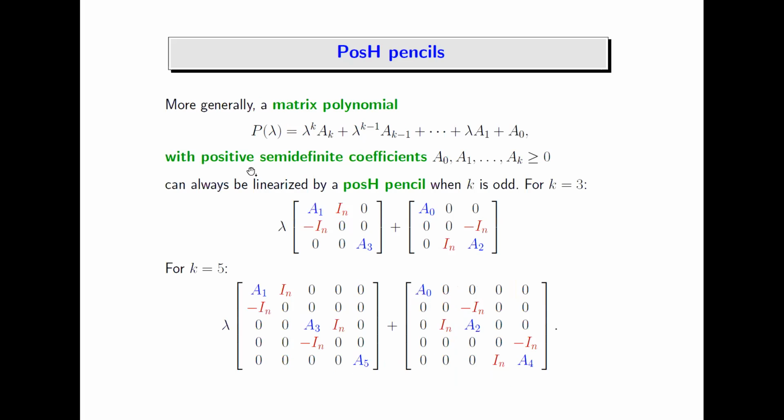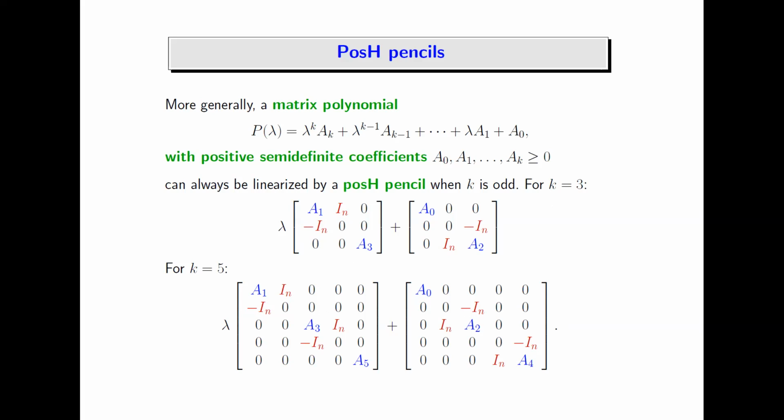And actually, you can have this for any odd degree that you can imagine. So I gave here examples for k equals 3 and k equals 5. They look like this, and you have the identity matrices here, and the blocks always on the diagonal, which guarantee then that the Hermitian parts that you can see in blue are always positive semi-definite.